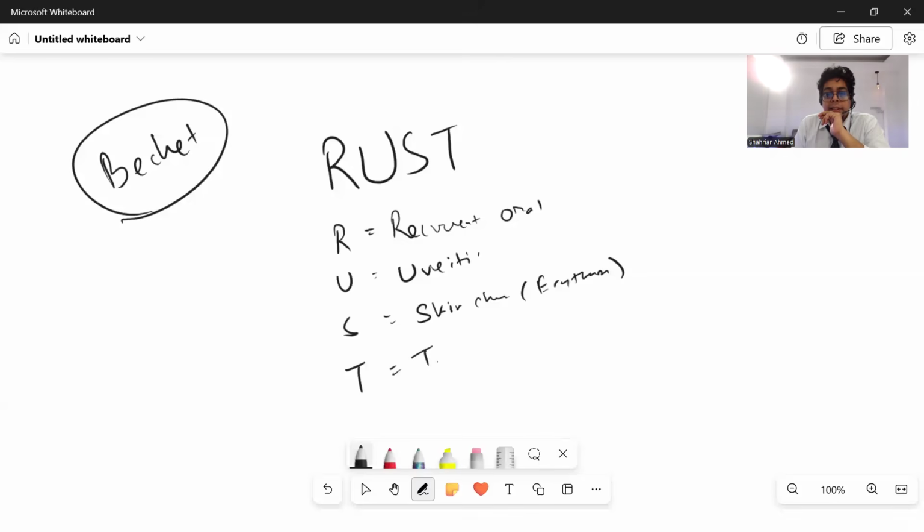And last but not least, T is a test, a positive pathergy test. So the mnemonic is RUST.